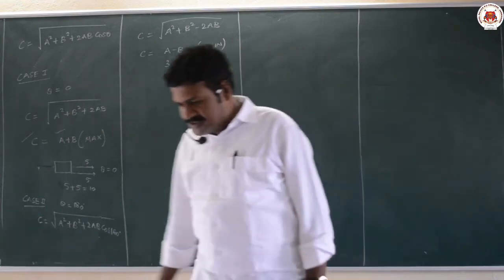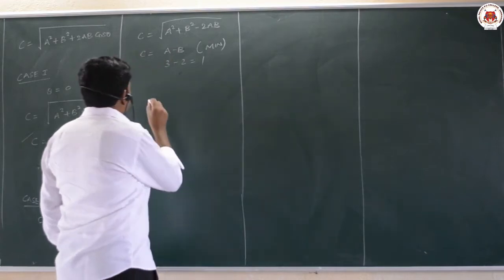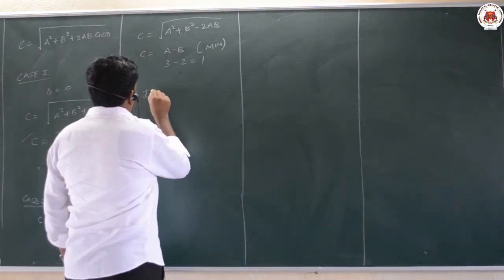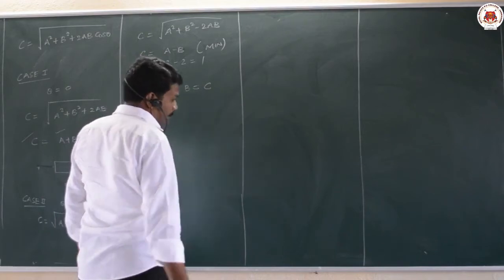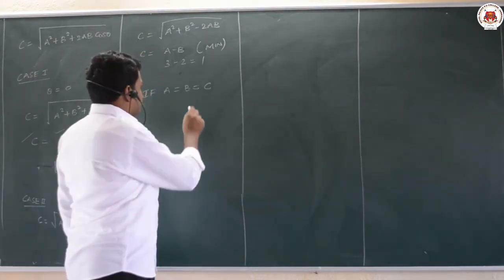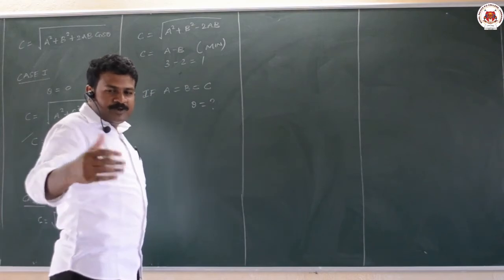And there is one more case, if A is equal to B is equal to C, then what is theta? Can we get A is equal to B is equal to 3?